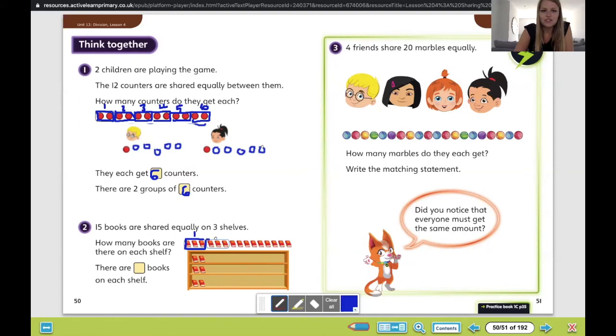We've got 2 groups of 3. Really carefully drawing the circle around each group. We've got 3 groups of 3. We've got 4 groups of 3. And we've got 5 groups of 3.